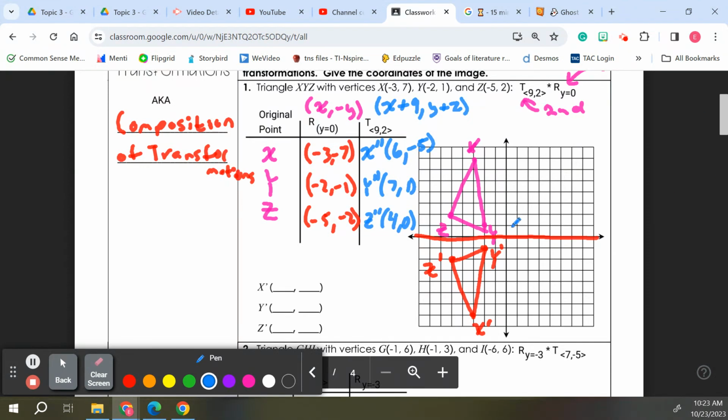So there's (6, -5). So 1, 2, 3, 4, 5, 6. 1, 2, 3, 4, 5.